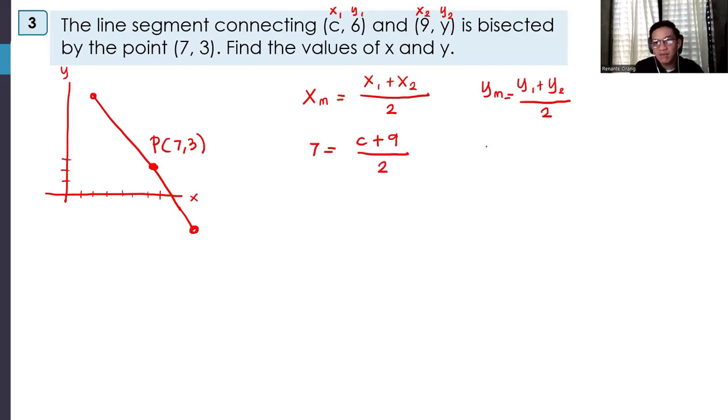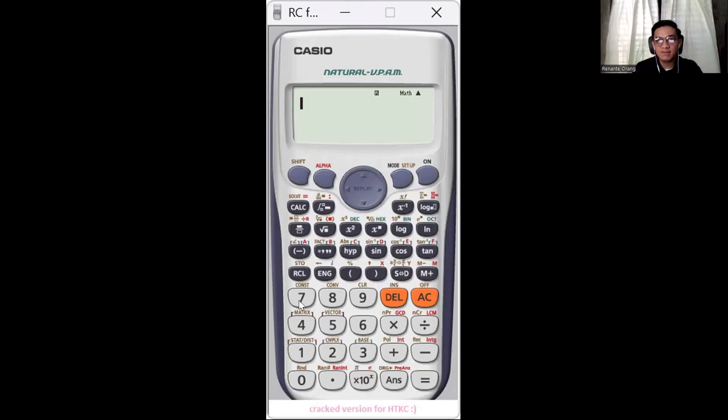On the other side, we have y middle which is 3. Our y1 is 6 plus y2, which is the unknown y, then divided by 2. Let's do the first one with the calculator, class. We have 7 is equivalent to c, so we use x for shift solve, plus 9 divided by 2.